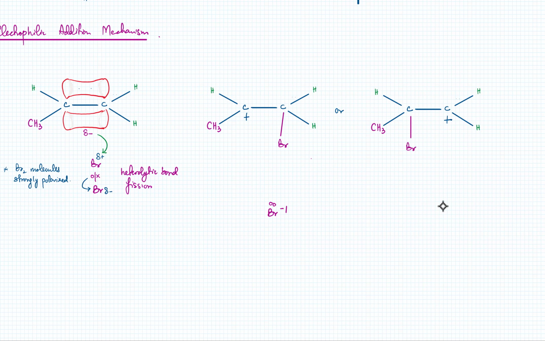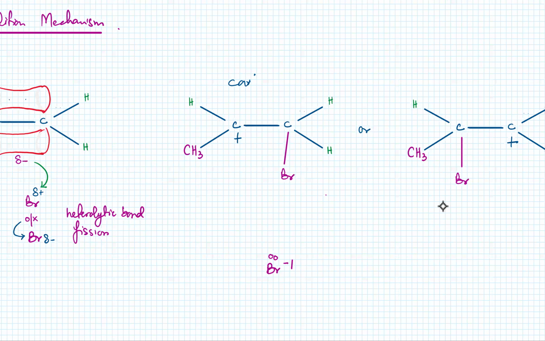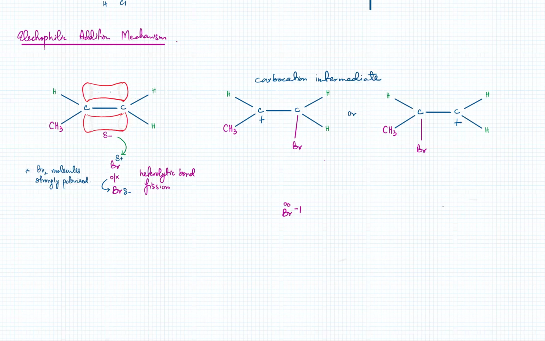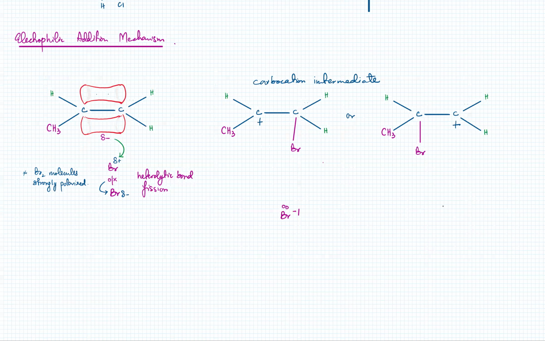That's known as your carbocation intermediate, and both possibilities will form. One of them is the major one, the other one is the minor one. Although in this case it doesn't really matter which is major and which is minor, one of them is the stable one, the other one is the unstable one.